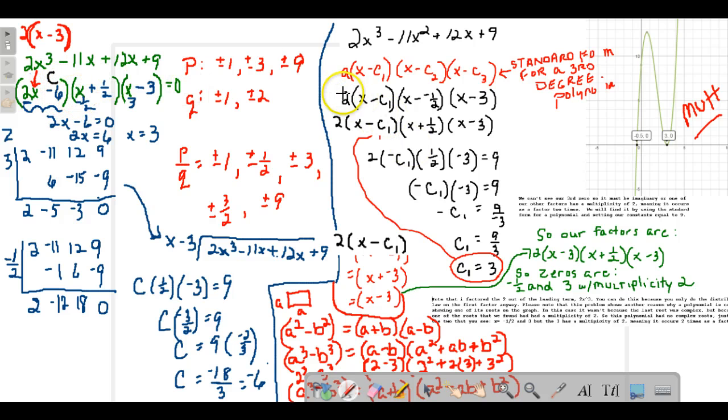But when we factor out that a, now we're left with an extra constant here on the outside. So when we solve for all of these constants being multiplied to get our 9, we have to include this a on the outside.